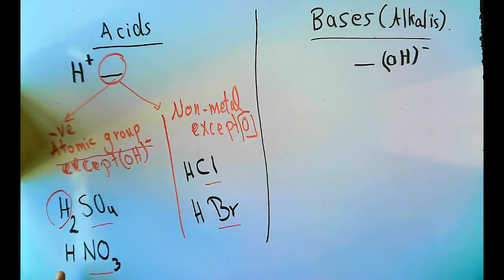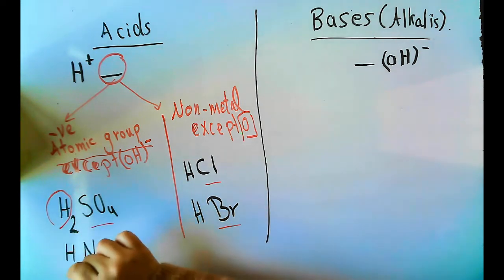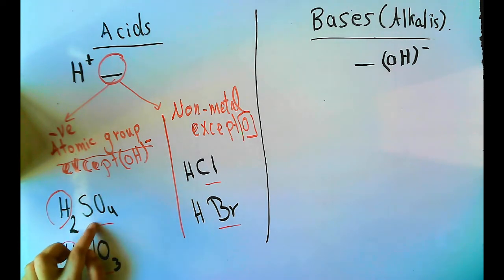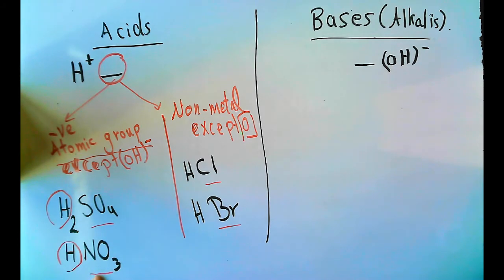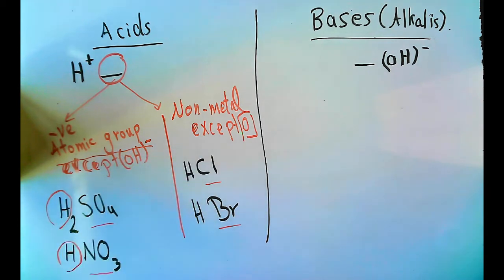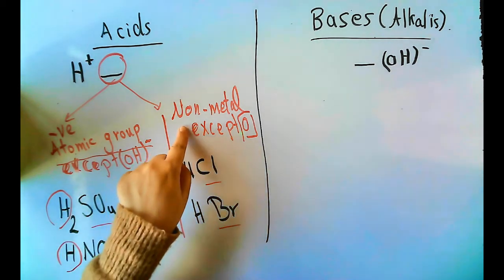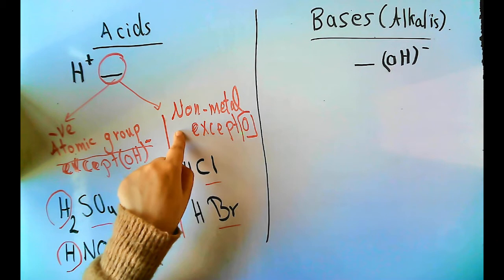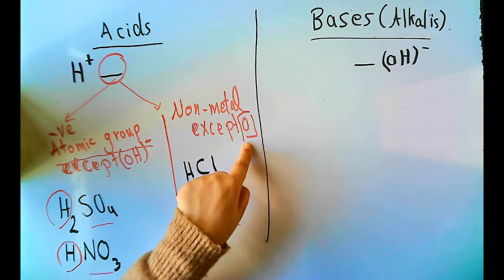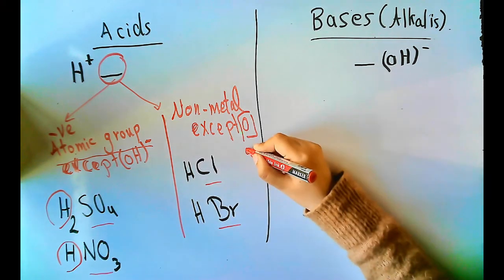Nitric acid also has hydrogen at the beginning, so it is acid. Sulfate is an atomic group, nitrate is an atomic group. So hydrogen may combine with a negative atomic group or a non-metal, except oxygen, because oxygen we will study in oxides.